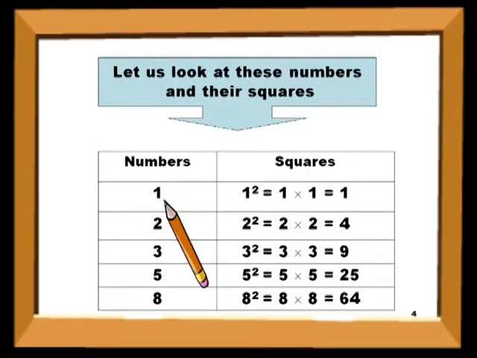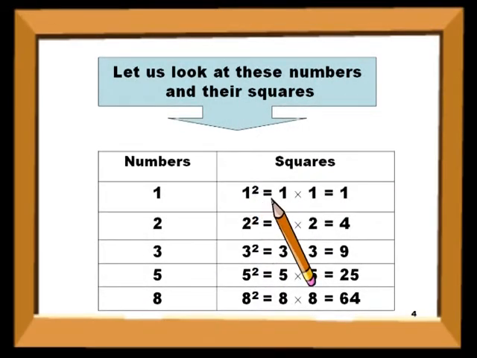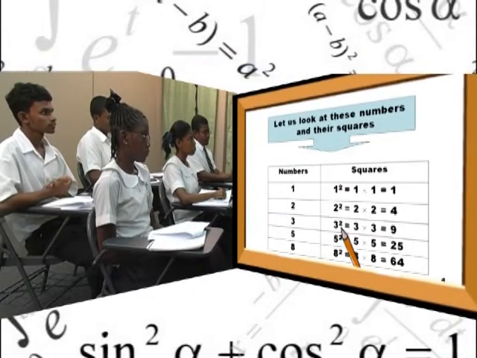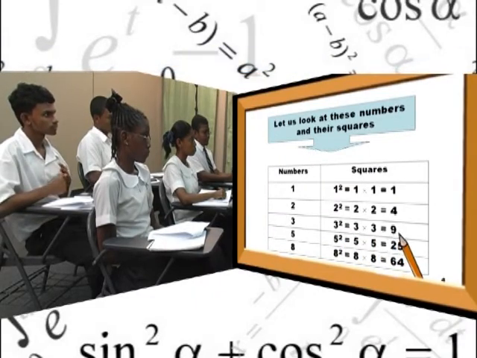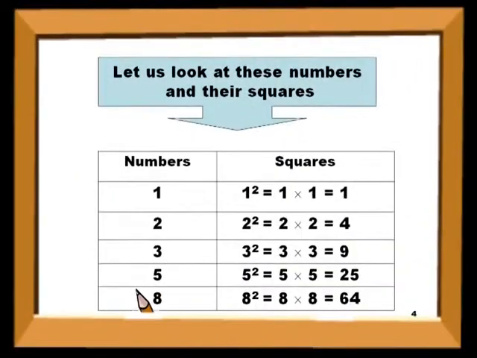Number 1 squared equals 1 by 1 equals 1. Number 2 squared is equal to 2 by 2 equals 4. Number 3 squared is equal to 3 multiplied by 3 equals 9. 5 squared is equal to 5 multiplied by 5 equal to 25. Number 8 squared is equal to 8 multiplied by 8, which is equal to 64.